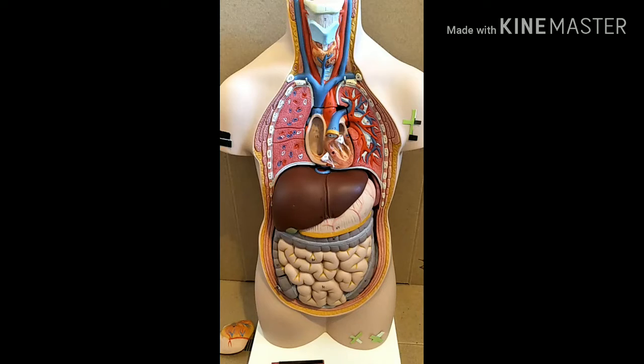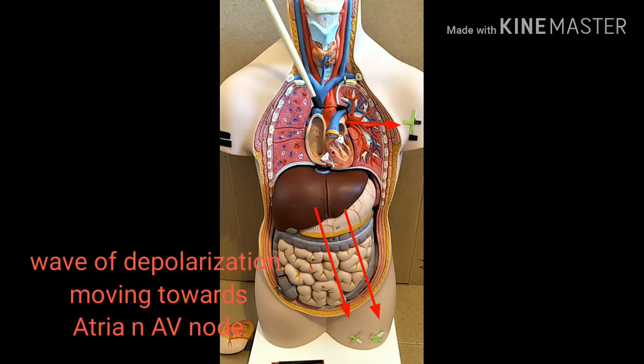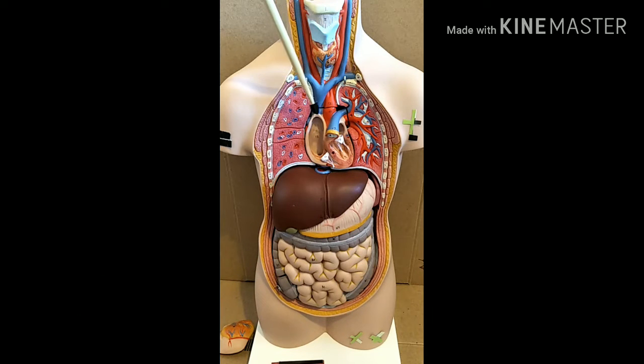The wave of depolarization starts from the SA node, near the entrance of the superior vena cava, and propagates towards your atria and your AV node.